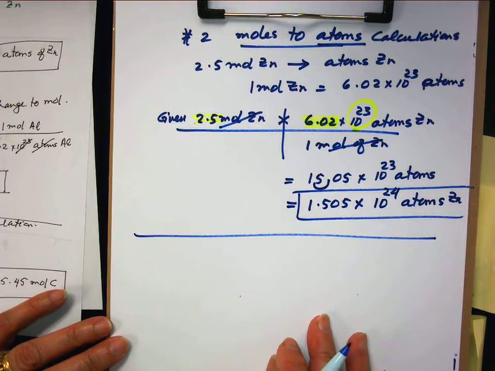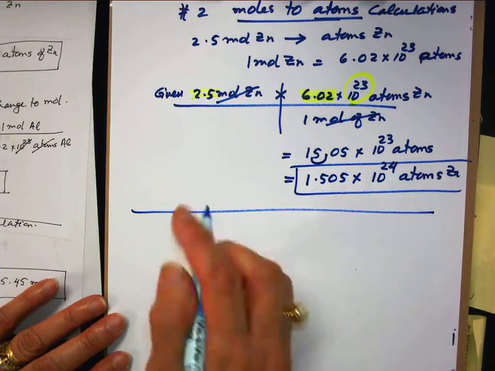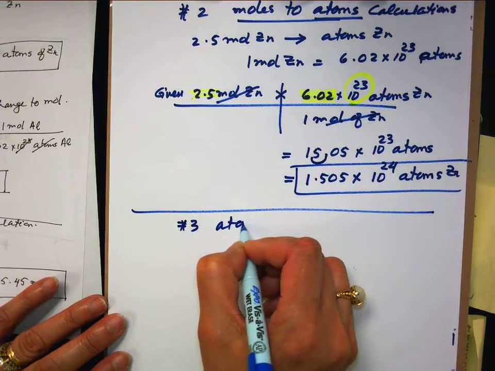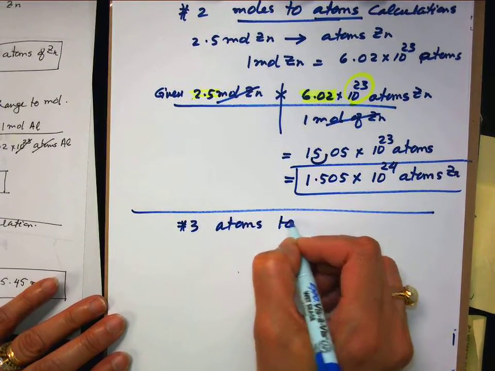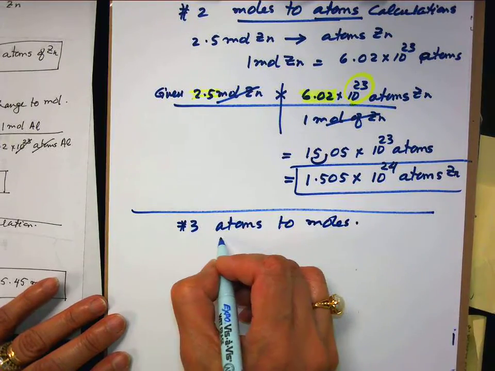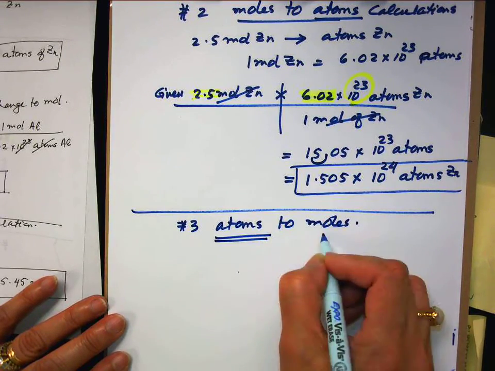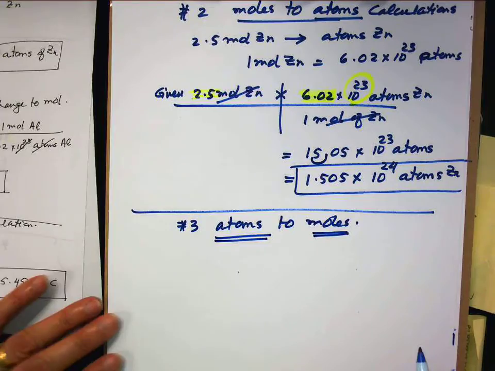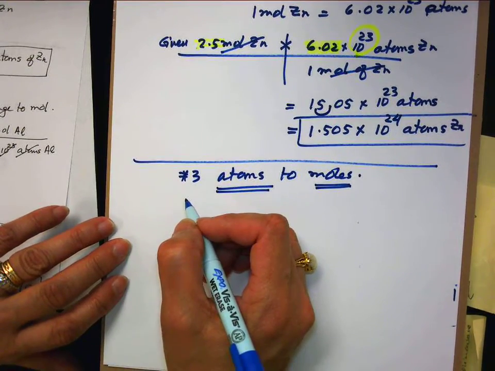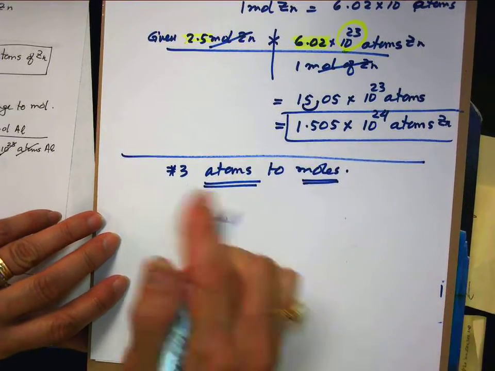So let's do the same way. Number 3, atoms to moles. All right, there'll be atoms given, you need to change it to moles. So let's look at another problem.